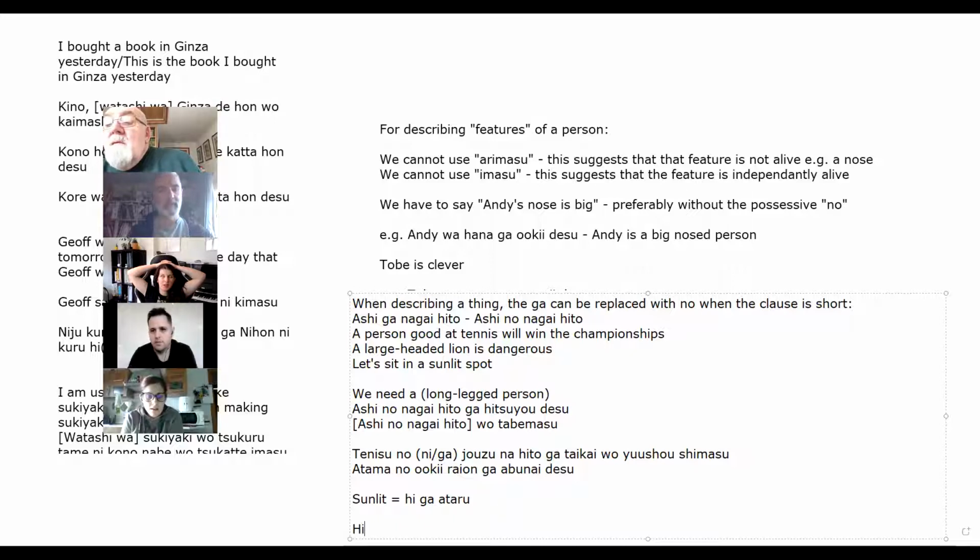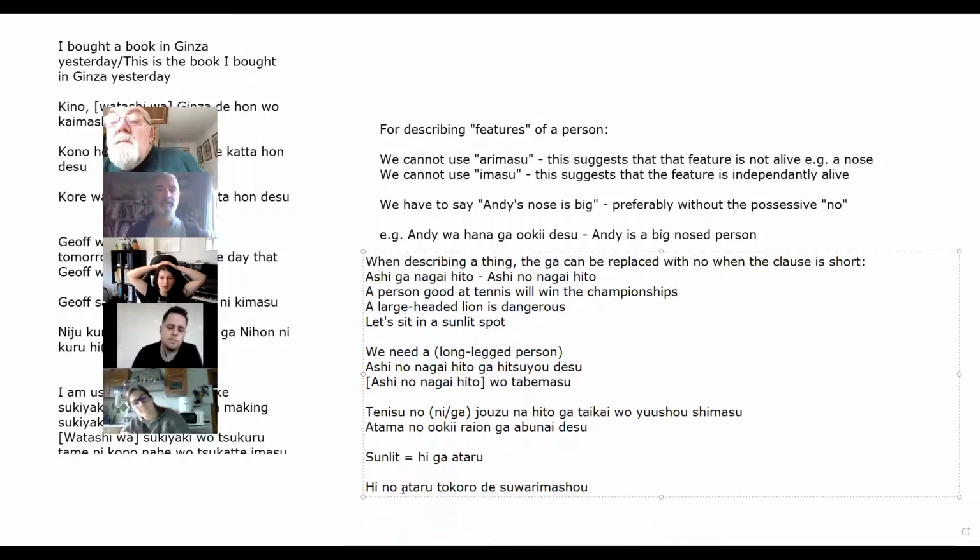"Hi no ataru tokoro ni." Let's use that. Suwarimashou. Excellent. "Hi no ataru tokoro de suwarimashou."